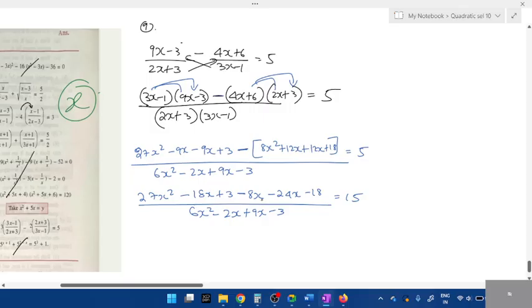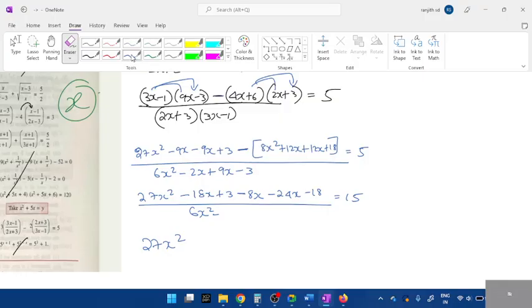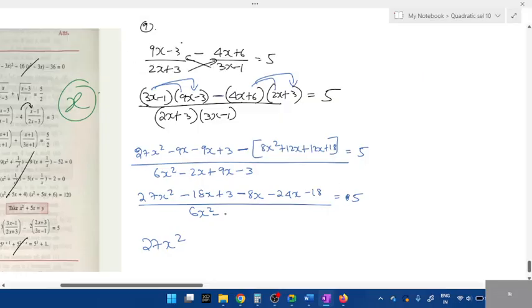Okay, if this is correct, let me check. Minus 27x square. No, it is too lengthy. Definitely they won't give such a question, just for practice. Maximum, this is the toughest question. Is anything wrong? Okay, that is fine. And here let me solve, students. Minus, you get plus 7x minus 3. What is minus 18, minus 8, minus 24?